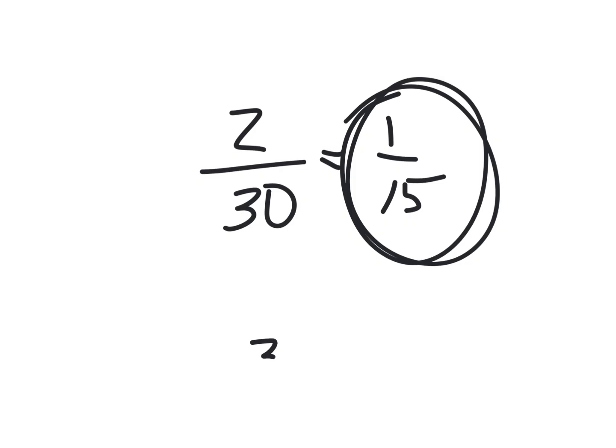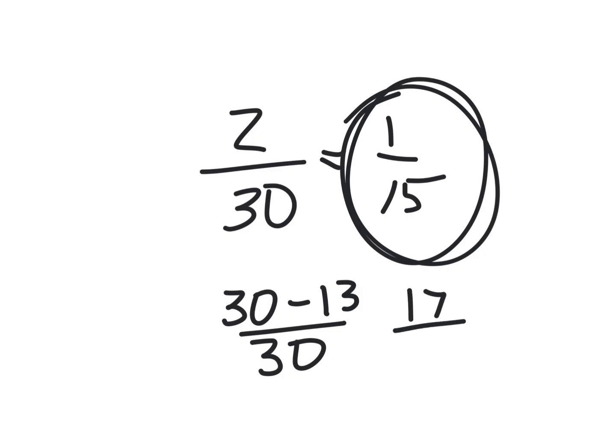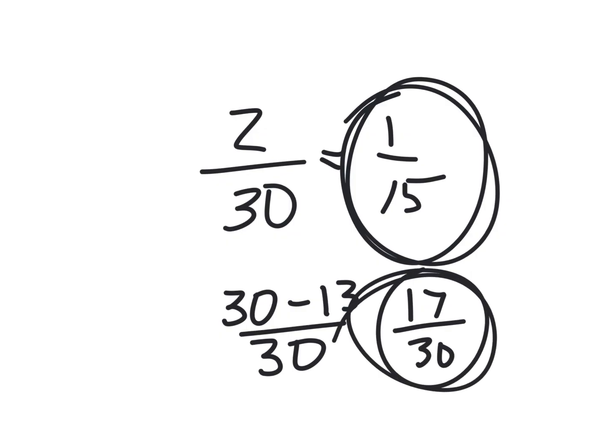There was 30 total, and there's 30 that I would want, except taking away the 13 I don't want. And that would lead me to, I think it's 17. Can anybody verify 17? Yep, I'm seeing people nodding. 17 out of 30. All right, so we got our first answers.